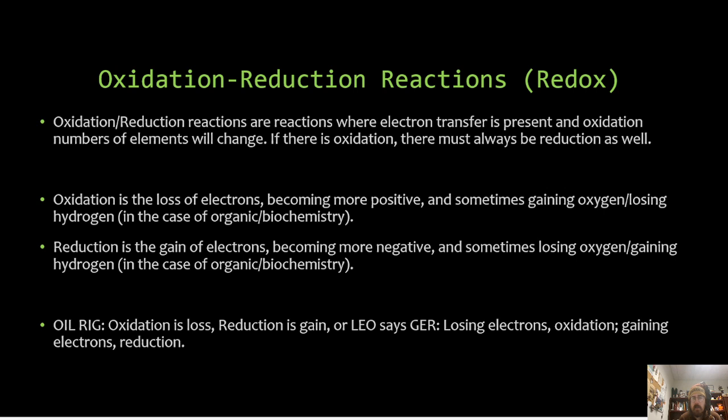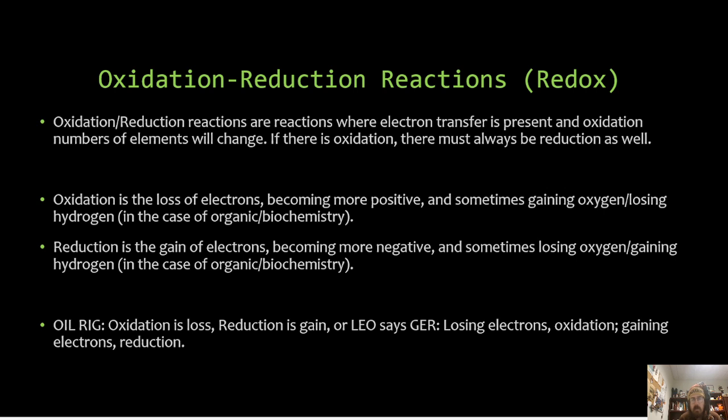Remember, oxidation is loss of electrons. In most cases, that means to be more positive because they've lost something negative. But in biochemistry or organic chemistry, when you get oxidized, you're typically thought of as gaining oxygens or losing hydrogens.